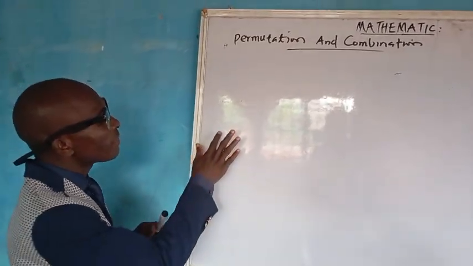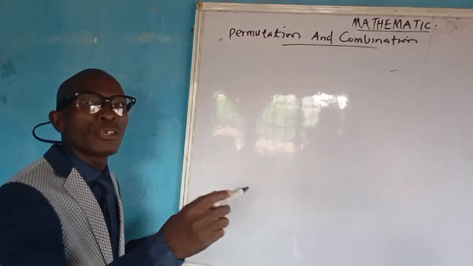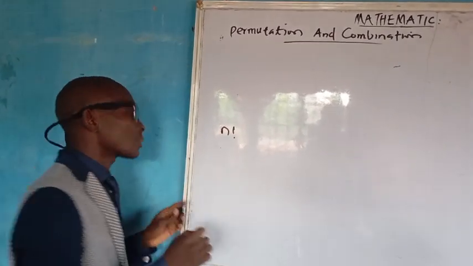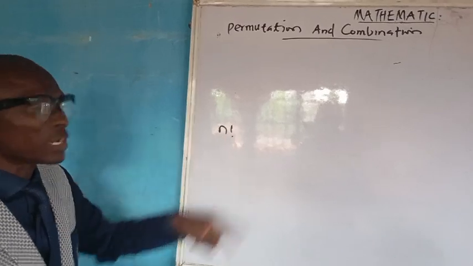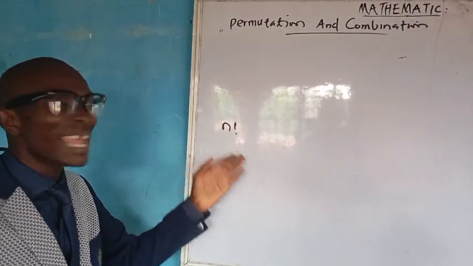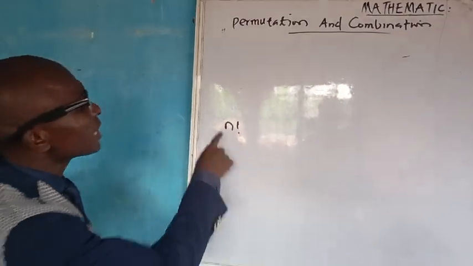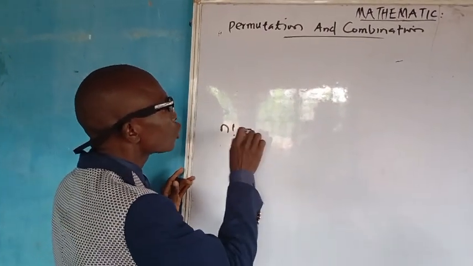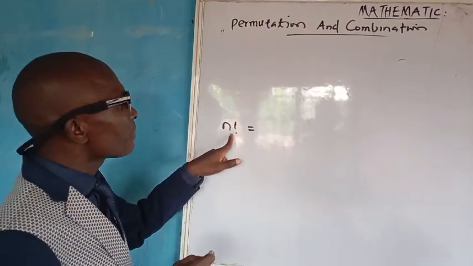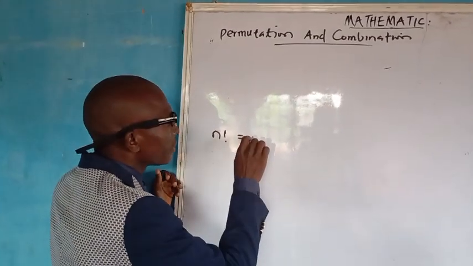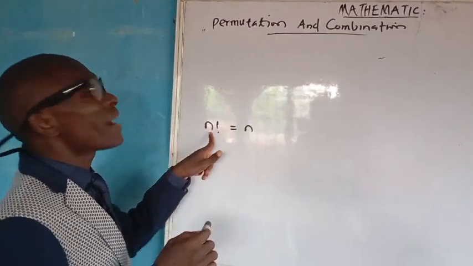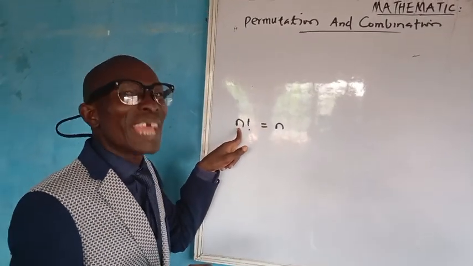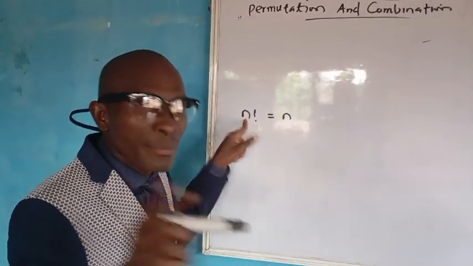Now, a number can be expressed in factorial. For example, we can have n factorial. We can write it like this, n factorial. How do we define n factorial? N factorial is simply the product, take note of that, of n and other numbers less than n.